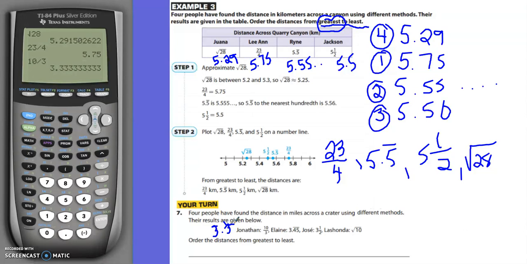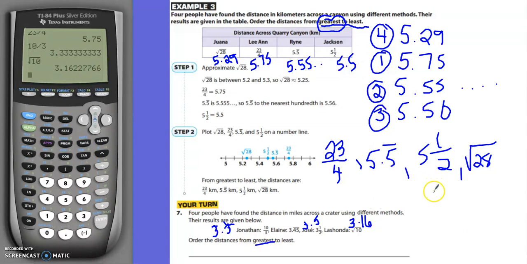3.45, that's just 3.45, 45, 45. 3.5 you should have memorized as 3 and 5 tenths. And then lastly, square root of 10. We get about 3.16. Alright, we want to order the distances from greatest to least.